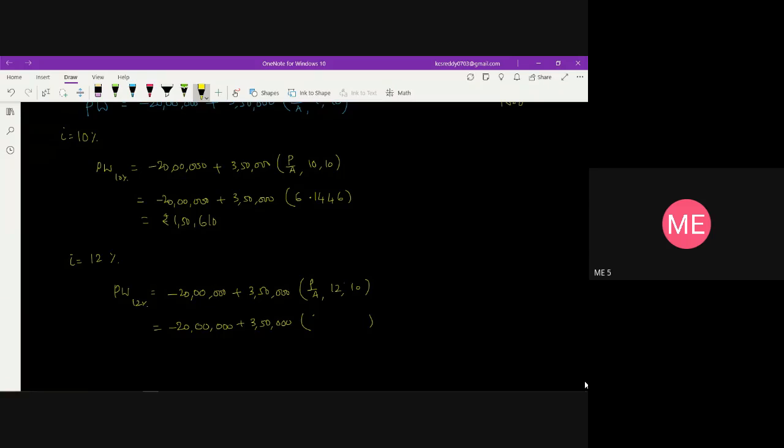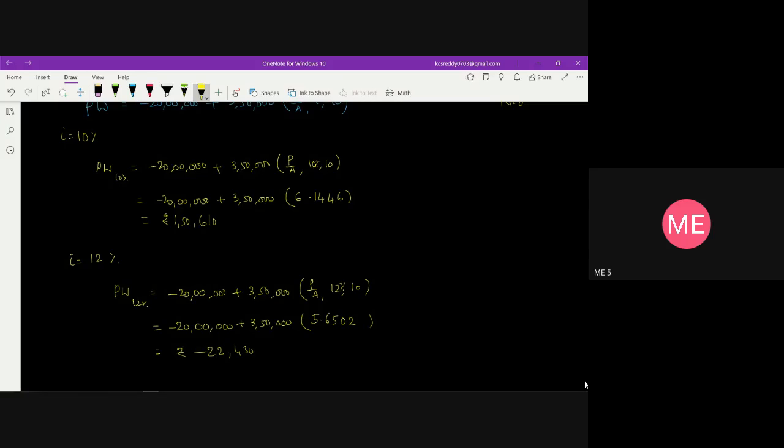That means 12% for 10 years, and from the table the factor is going to be 5.6502.